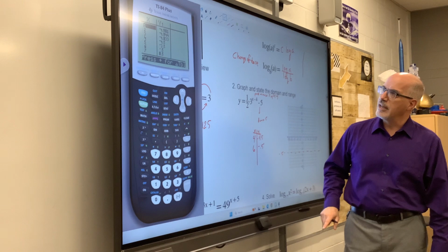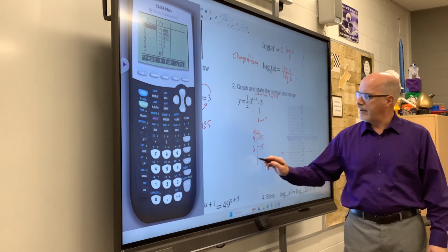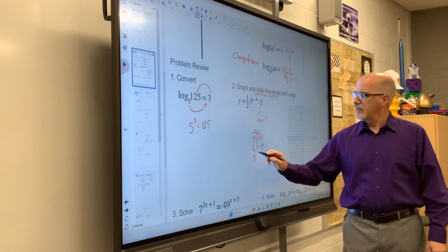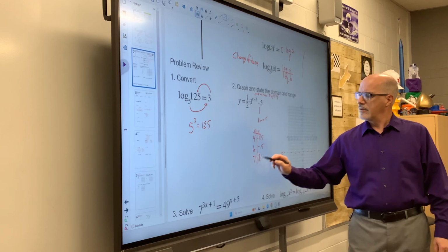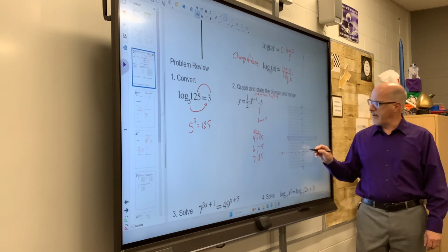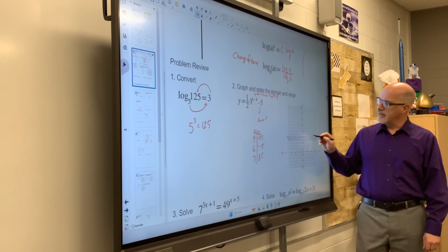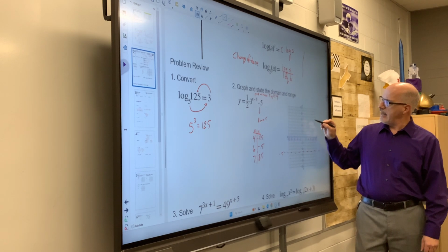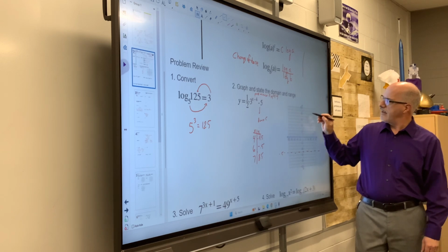And just to get the shape, 7 is at 8.5. So let's go ahead and plot those. So 4, negative 4.5 is right about there. 6 is negative 0.5. 7 is way up at 8.5.